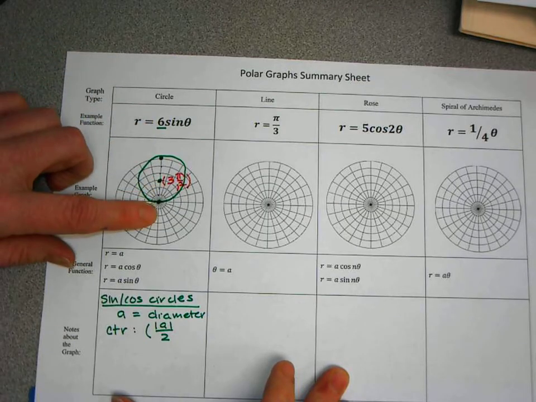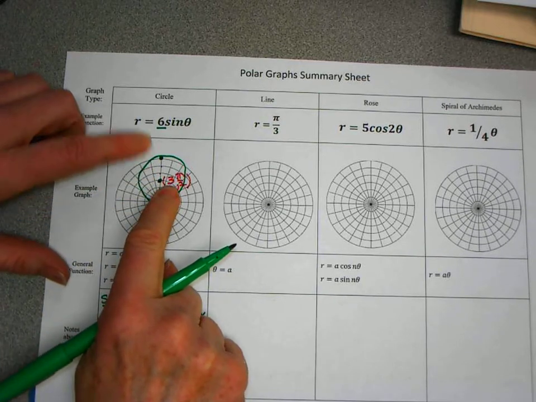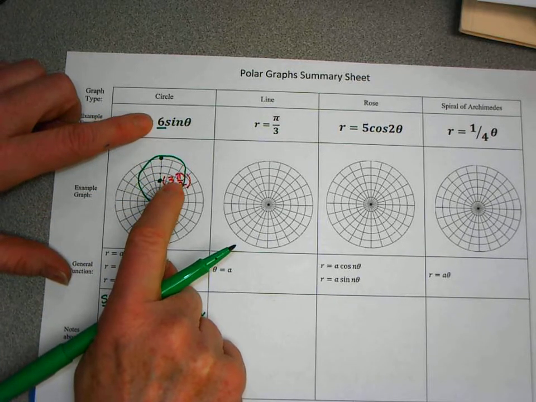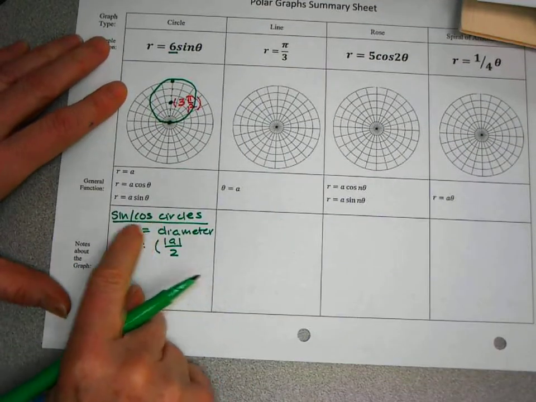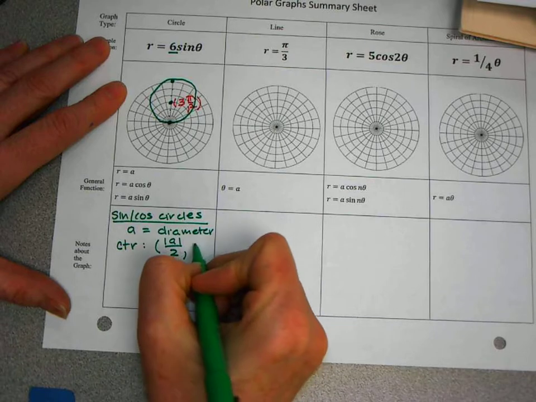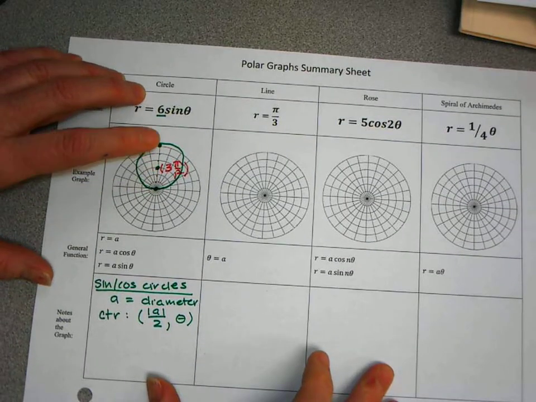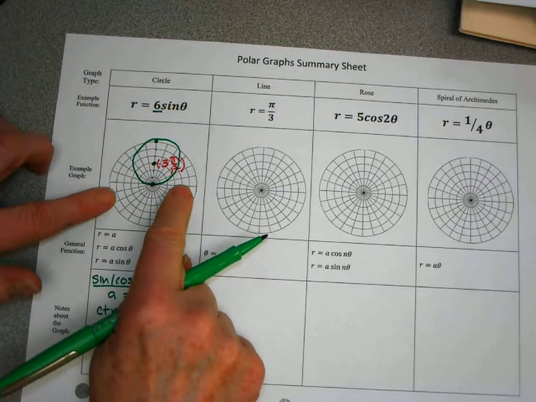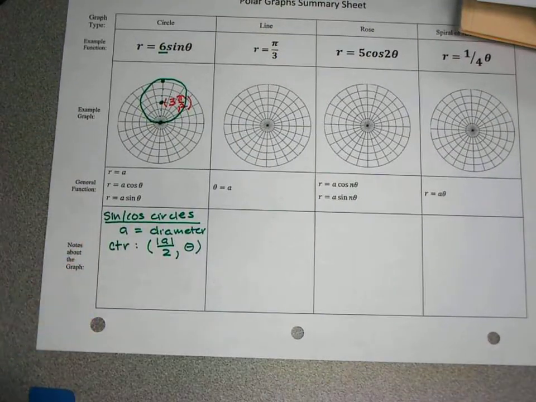It was the radius of the circle, so the R value is always A divided by 2. If I have sine circles, the centers are going to be at pi over 2 and 3 pi over 2. If I have cosine circles, the centers are going to be at 0 and pi. Okay, so that's one circle.